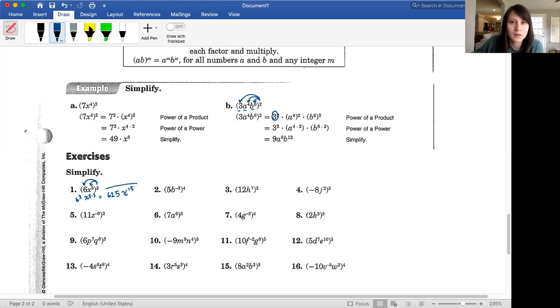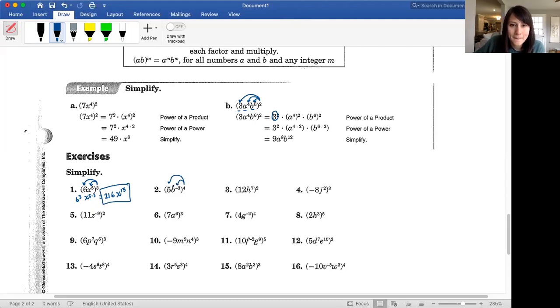Oh, I'm not correct on that one. This is not 625. It is 216. I didn't plug it in. 216 x to the 15th power. And that's the answer.